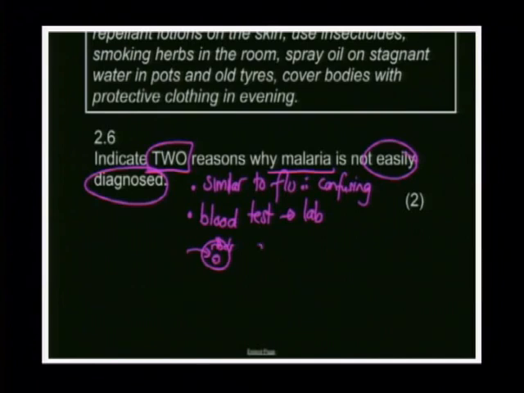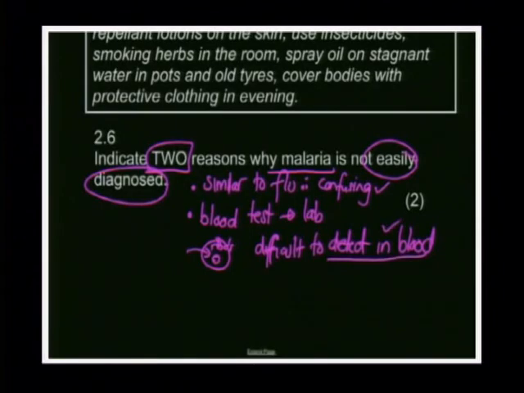So it's very, very difficult to detect in the blood unless those merozoites have filled up the blood cell, and remember, given it that particular pear shape, or they have burst out and they're actually in the liquid part of the blood. So we'll just say that it's difficult to detect in the blood. Thus here, confusing and difficult will give you your 2 marks.